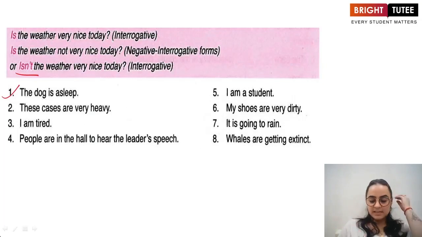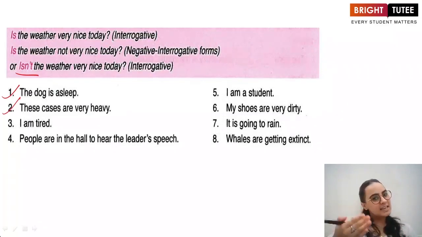Second sentence is, these cases are very heavy. The positive is, these cases are very heavy. The negative becomes, these cases are not very heavy or aren't very heavy. Interrogative, are these cases very heavy? And negative interrogative, aren't these cases very heavy?